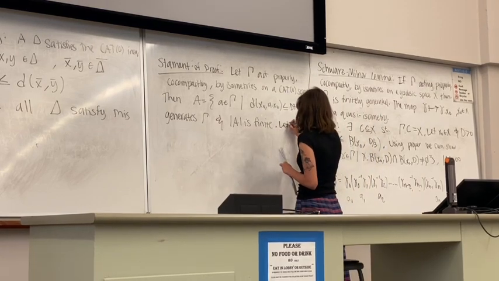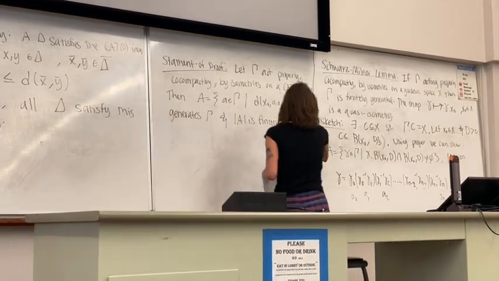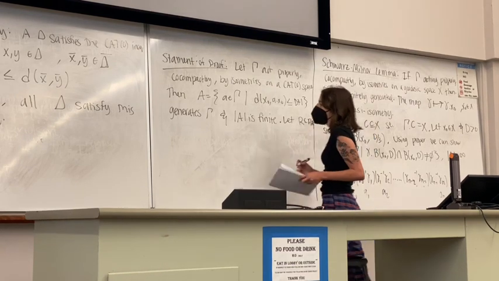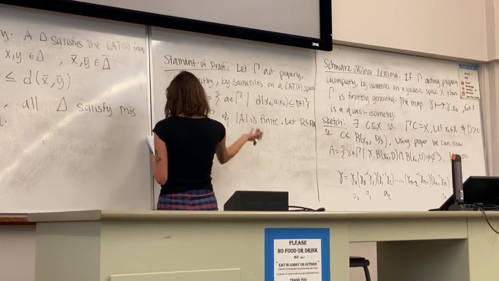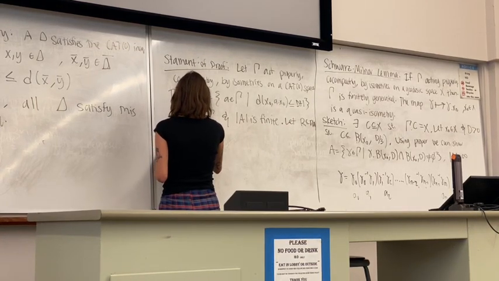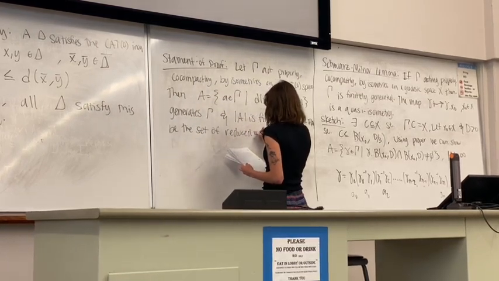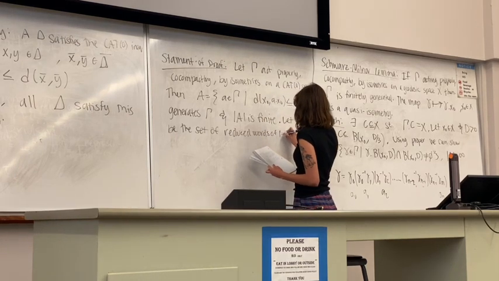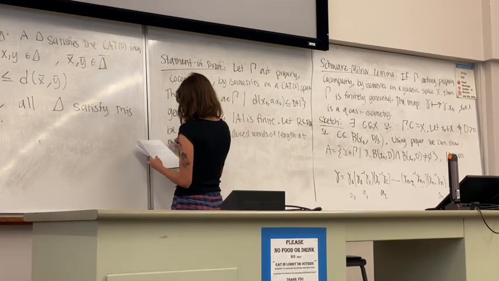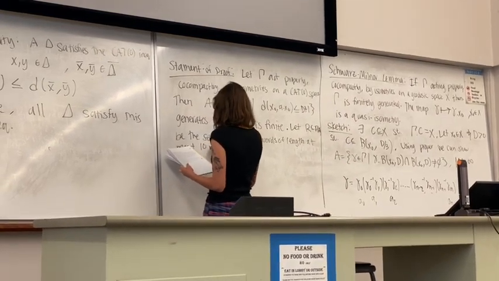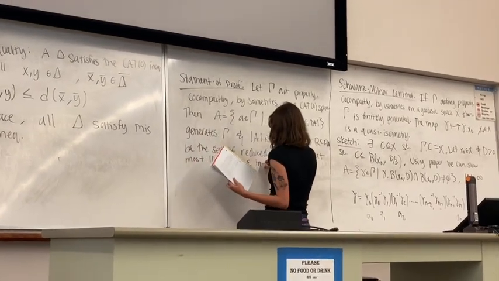Further, we let our set of relators be a subset of the free group on A. We let R be the set of reduced words of length at most 10, which equal the identity in our group gamma.